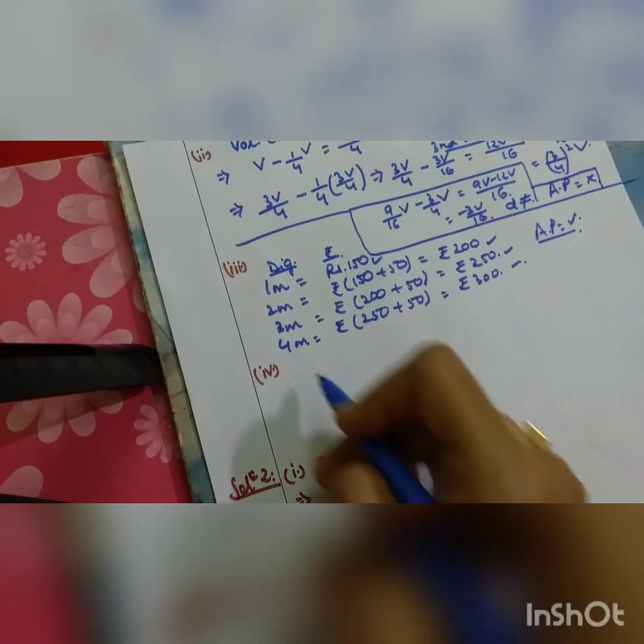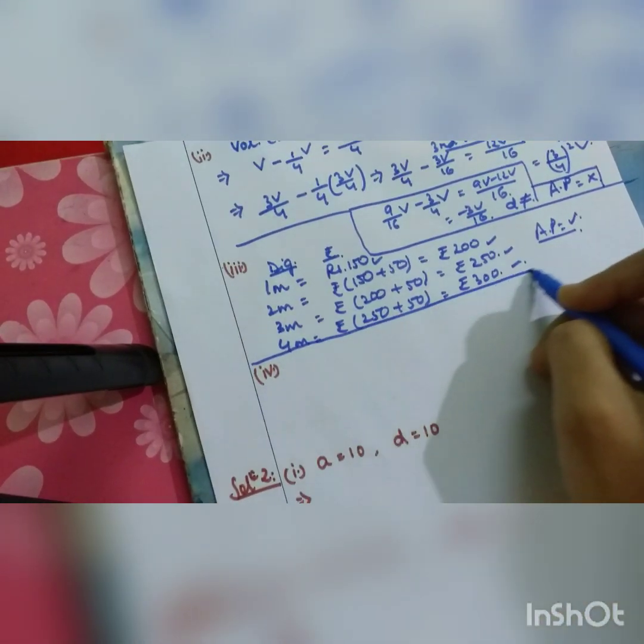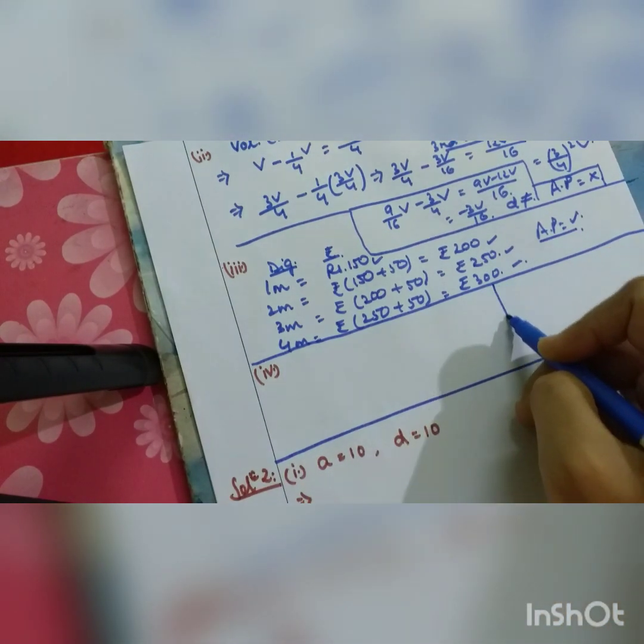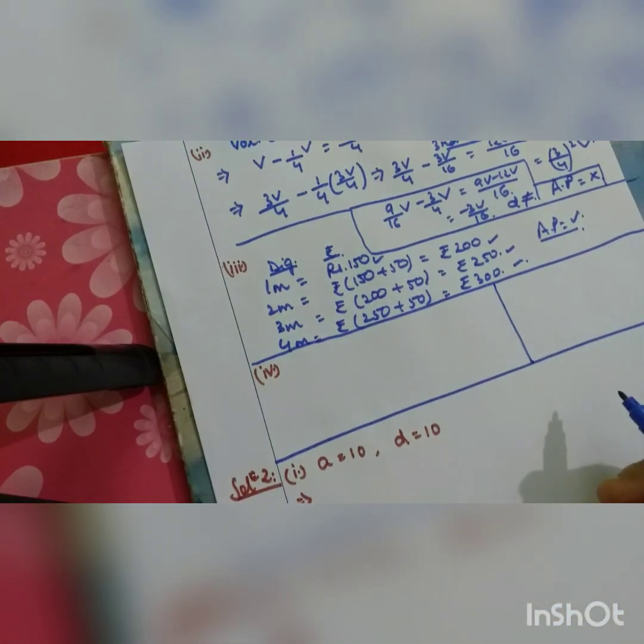Come to the fourth question. It is based on compound interest. Compound interest you have studied in class 8th. It is saying that the amount of money in the account every year when rupees 10,000 is deposited at compound interest at 8% per annum.